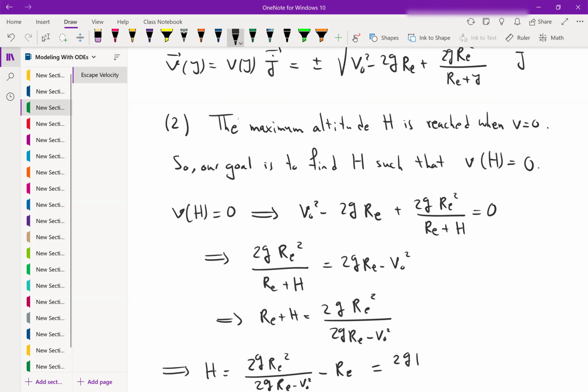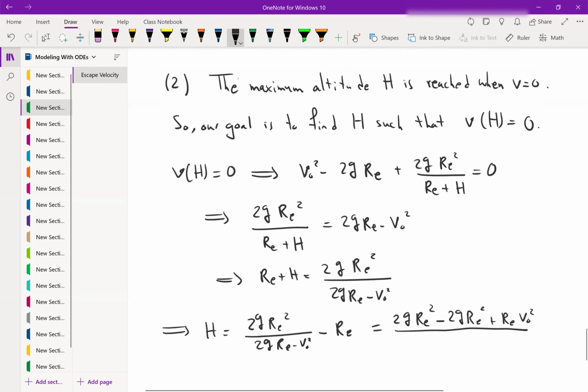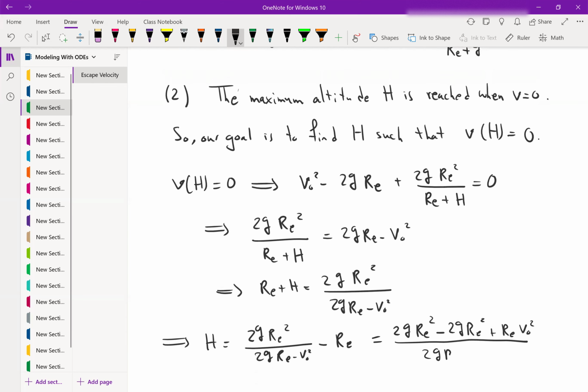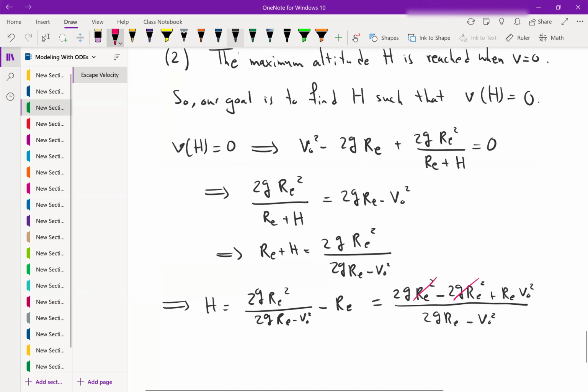So this will be 2g re squared minus 2g re squared plus re v0 squared, divided by 2g re minus v0 squared. And clearly, this guy and that guy cancel. And so we can conclude that h is equal to re v0 squared divided by 2g re minus v0 squared.